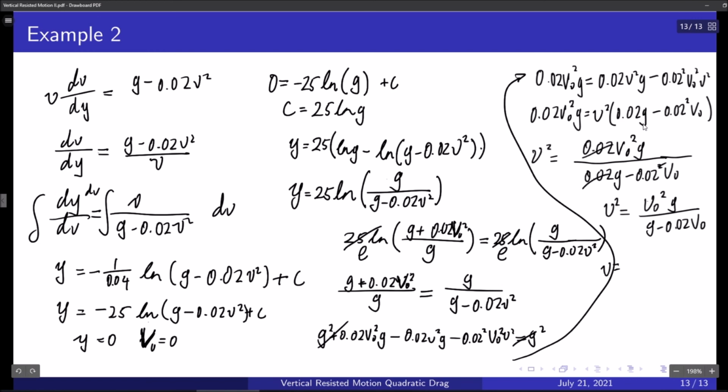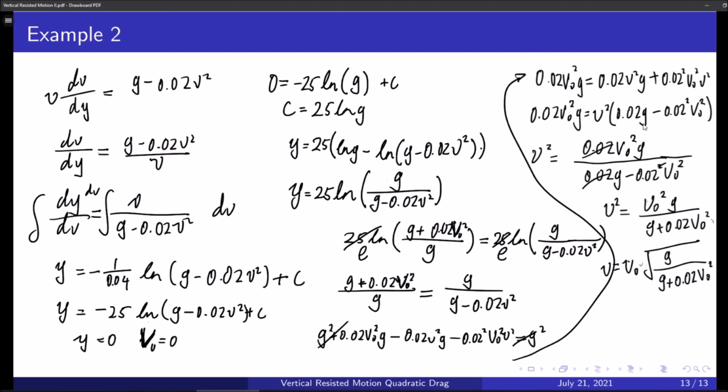So v equals v naught times the square root of g over g plus 0.02 v naught squared. Sorry about the sign errors earlier.